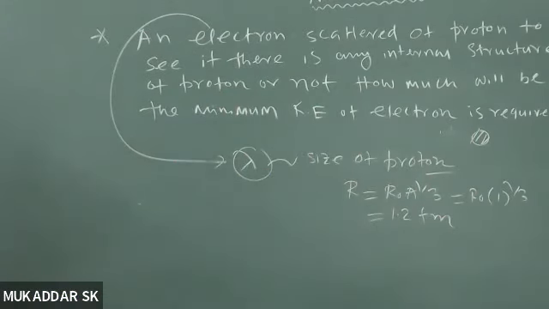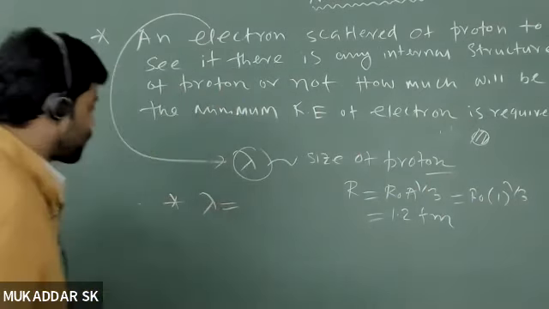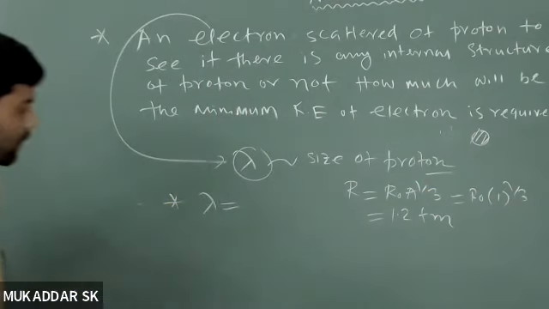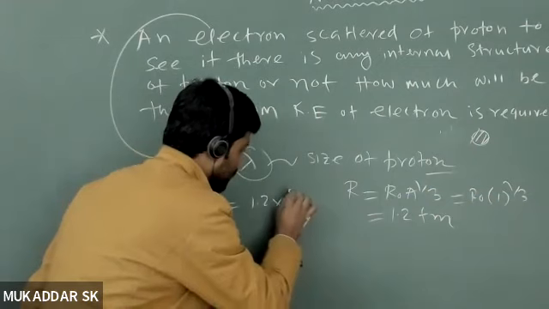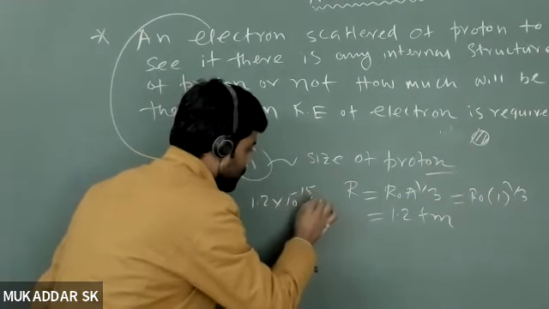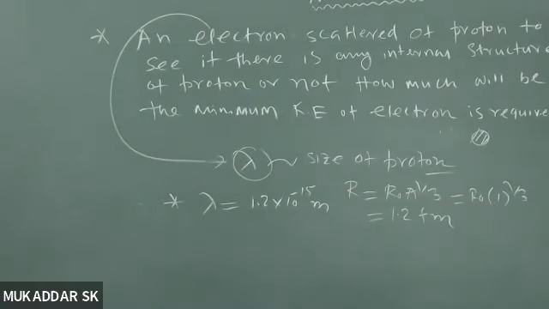So this is the size of proton, and to investigate the proton size, the wavelength of the electron should be at least 1.2 femtometer, or I can say 1.2 into 10 to the power minus 15 meter. इतना होना ही चाहिए। Is this clear what I'm saying? Tell me if you have any doubt.